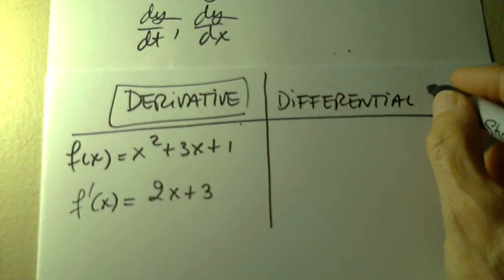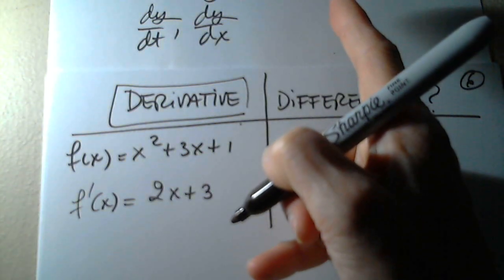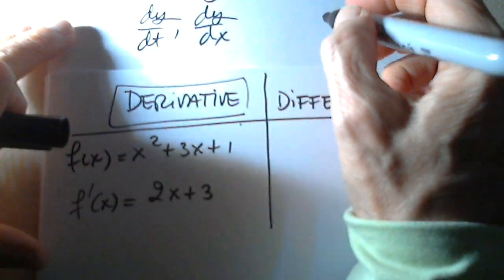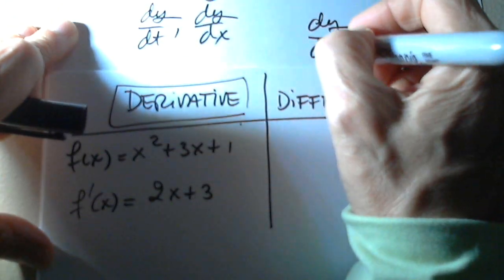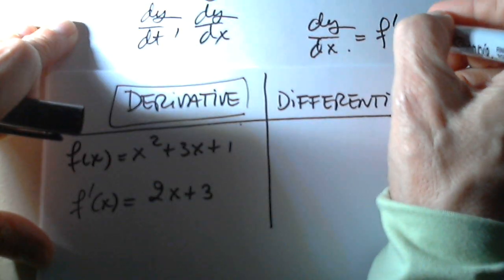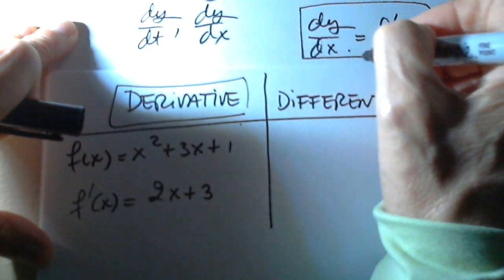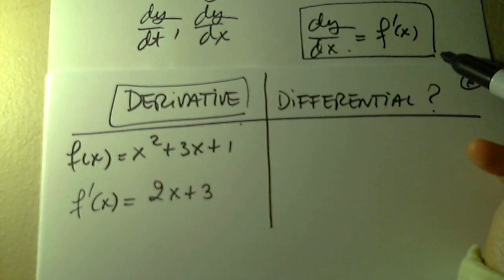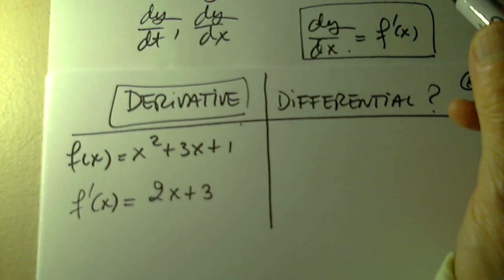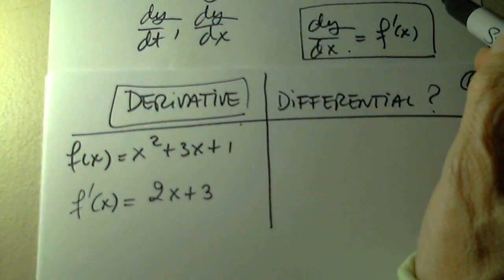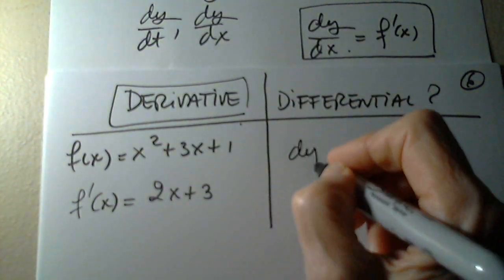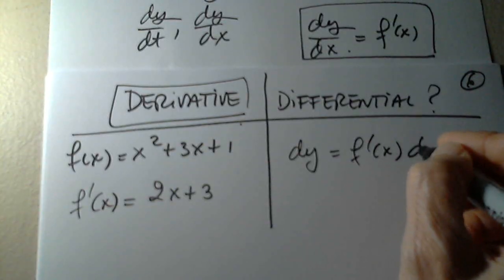Now, what is this? It's that, the differential. So remember we had dy over dx being the same as f prime of x. I always mentioned that we have different notations for the first derivative and for all derivatives, but for the first derivative that we are discussing right now, if we multiply both sides by dx, we get dy equals f prime of x dx.